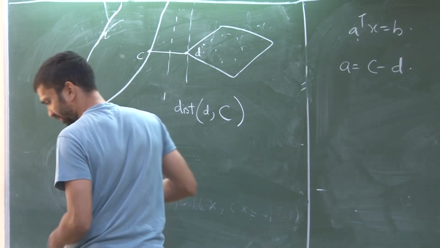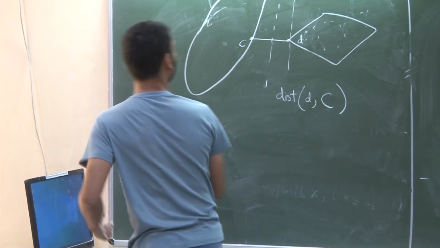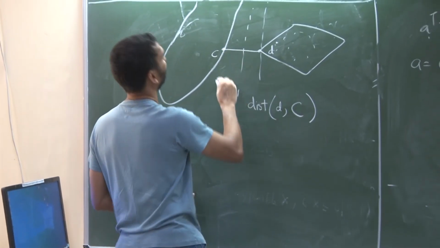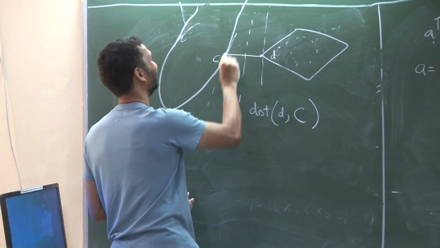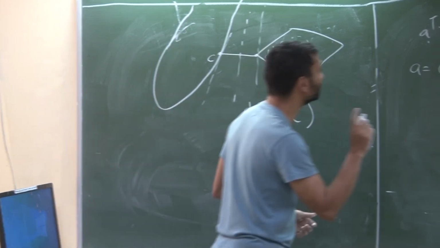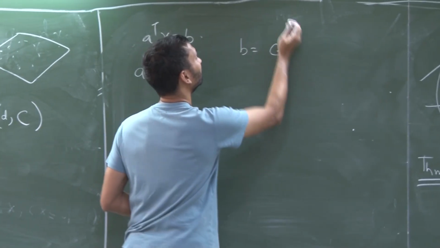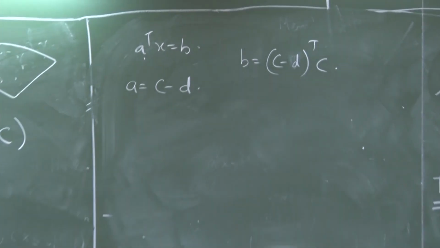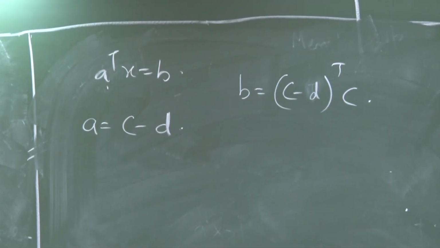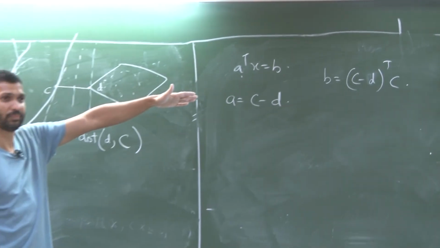Okay, or wait, let me see, which one do I want to look at? This one. They are parallel. You don't see it, but they are. Okay. B is correct by definition. C lies on this hyperplane, so that is my B. Okay.